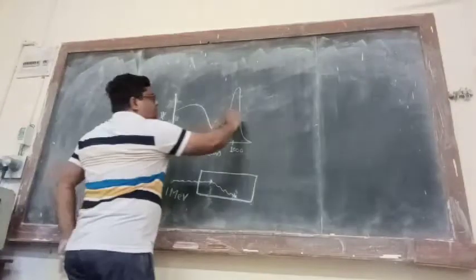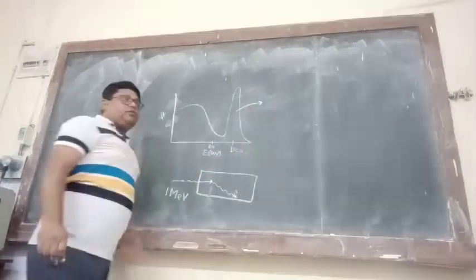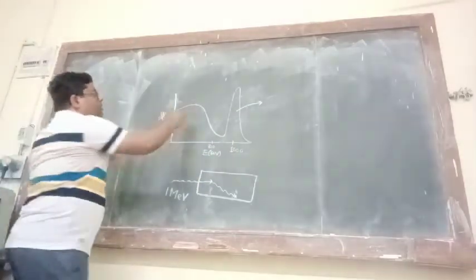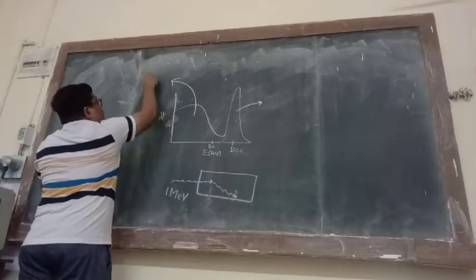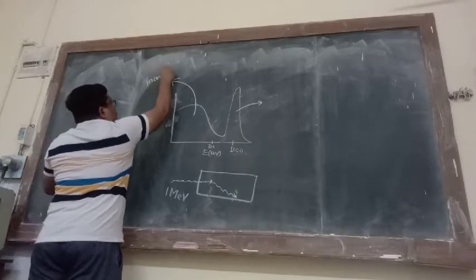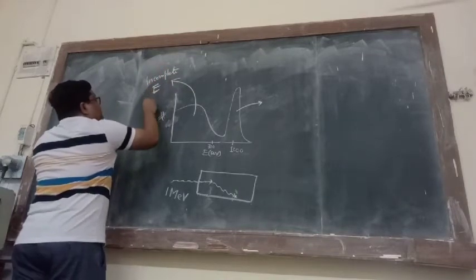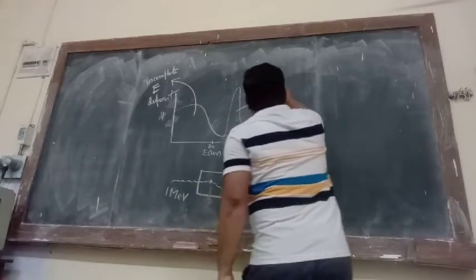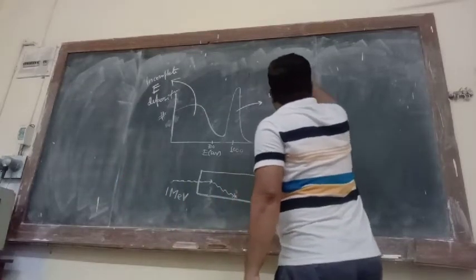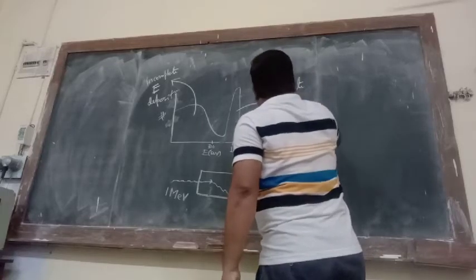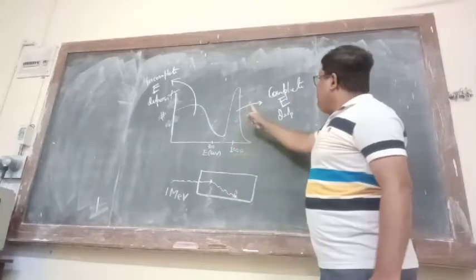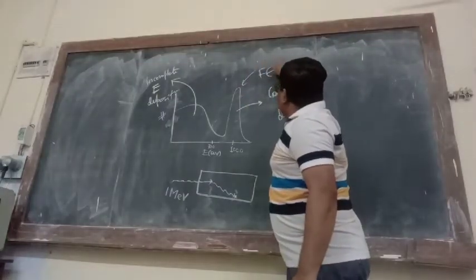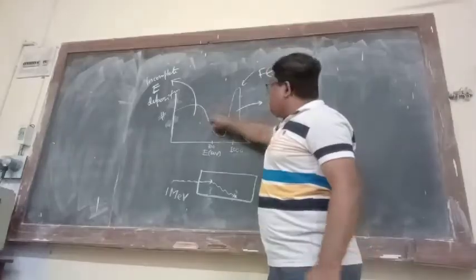So this is the wanted part, full energy, that means complete energy deposition, and this is incomplete energy deposition. Okay, so we will call this peak the full energy peak. And this part is the Compton background.